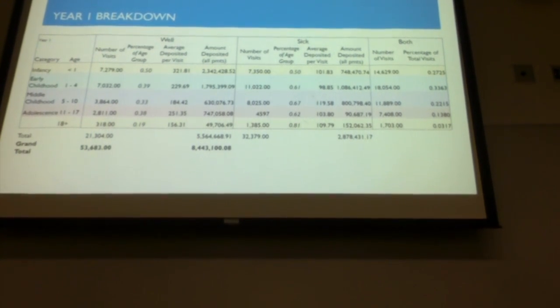So as a whole, we can note that there's a higher number of infants seen, and they also have a higher average deposited amount, for well and sick.